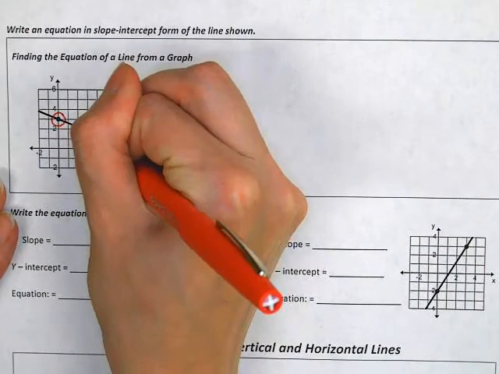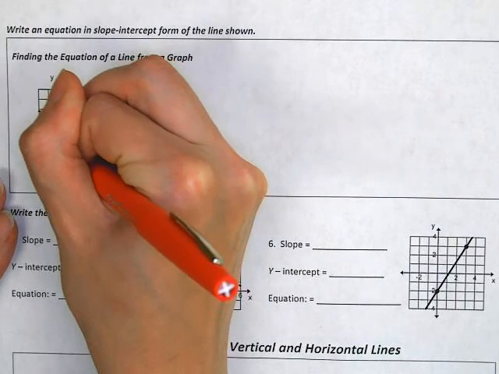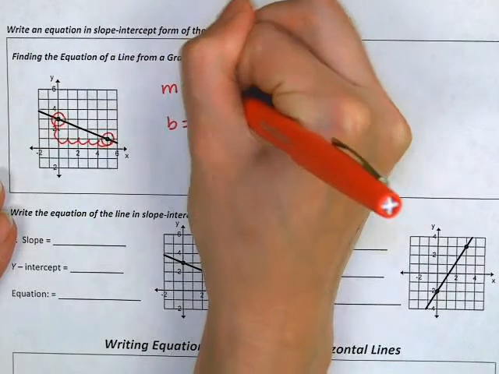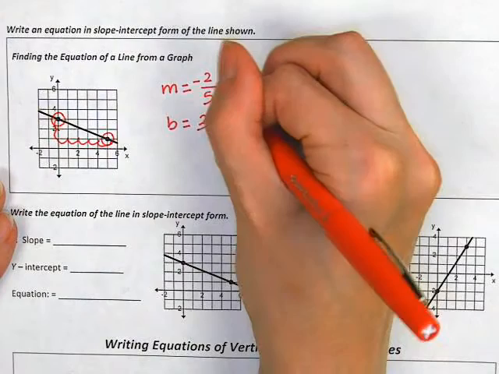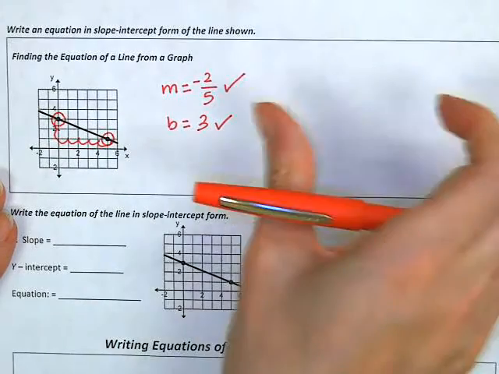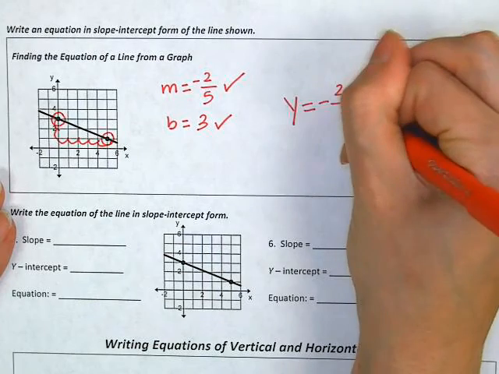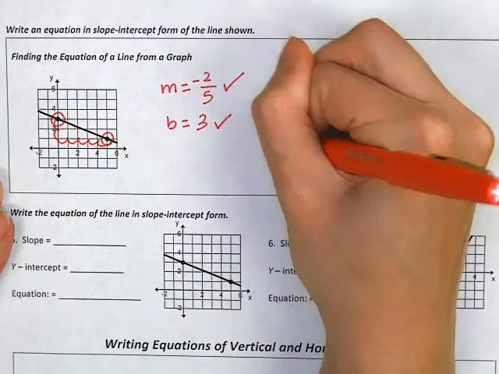How do you get from one point to the other? We go down 2, right 5. So the slope is negative 2 over 5. And now that we have the m and we have the b, let's put it together in y equals mx plus b form.